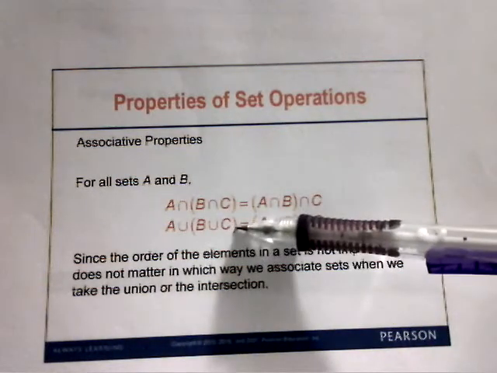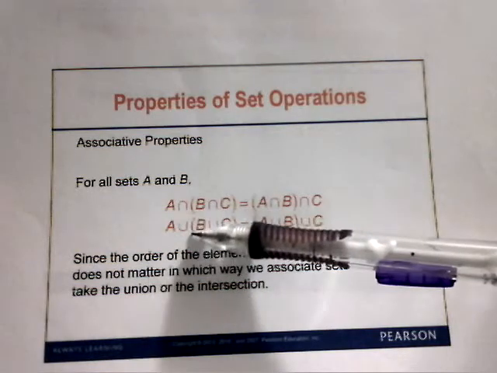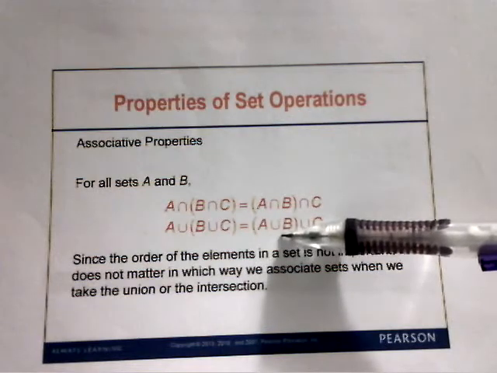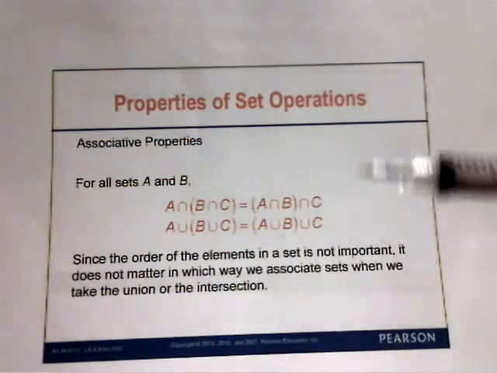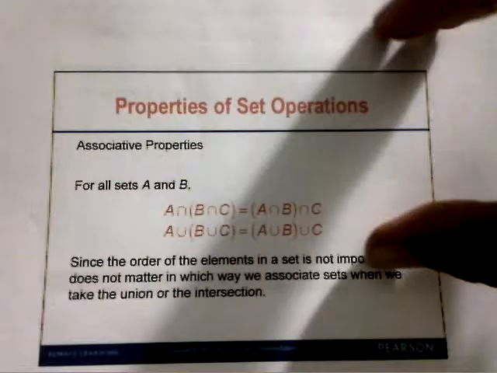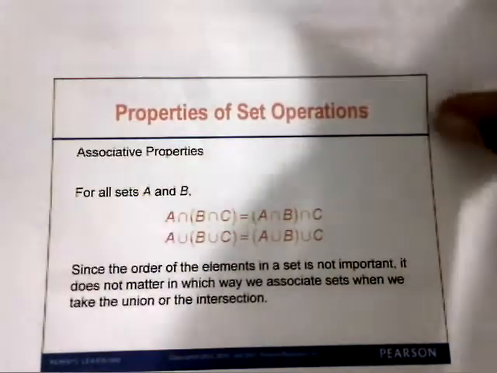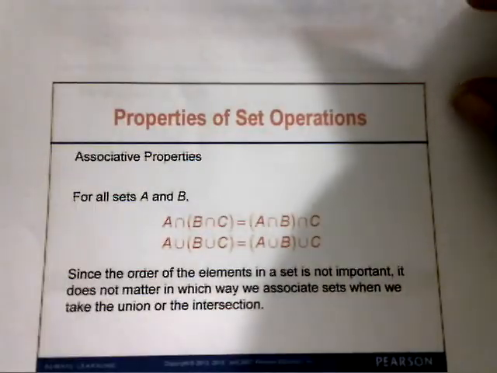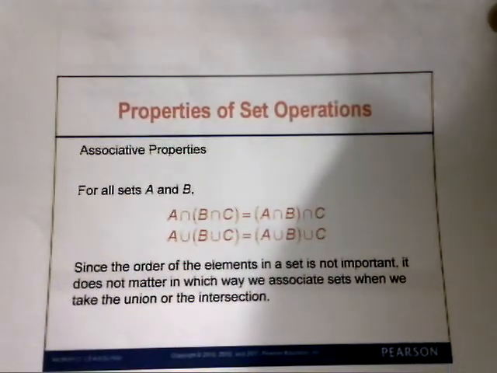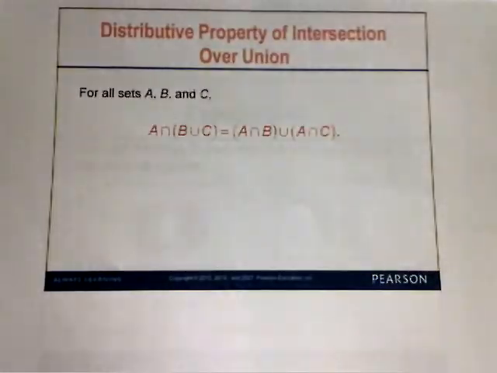Take the union of B and C, whatever that is, I can do the union of that with A, or take the union of A and B, whatever that is, I get its union with C. Since the order of the elements in a set is not important, it does not matter in which way we associate sets when we take the union or the intersection. And later on in this particular course, we're going to be talking about those two properties, the commutative and the associative properties, when we deal with addition and multiplication.